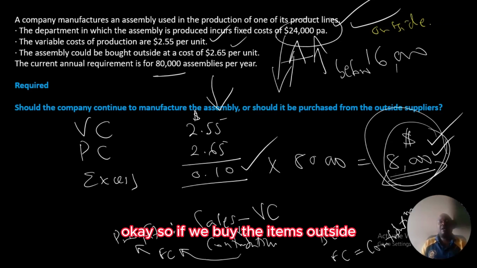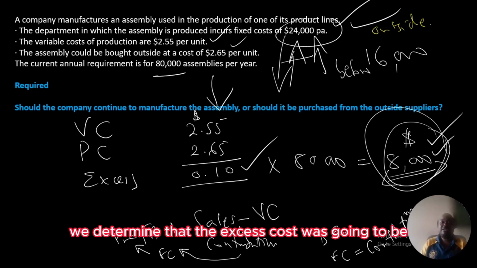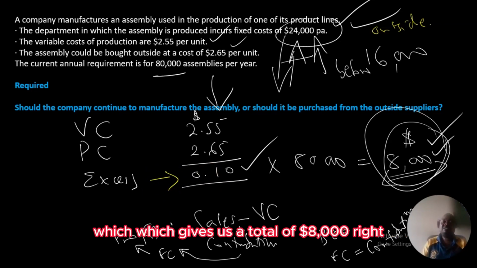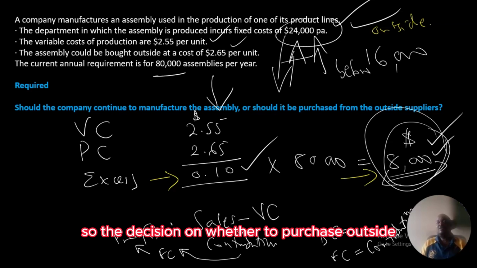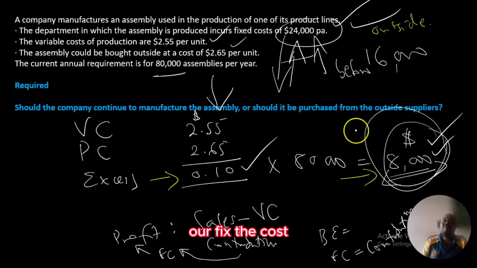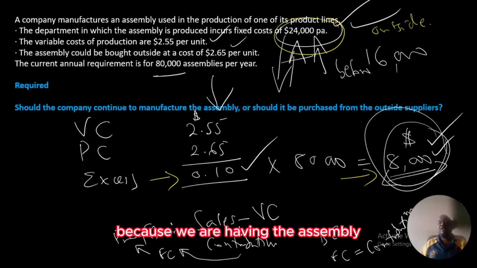Okay, so if we buy the items outside, we determine that the excess cost was going to be 10 cents per unit, okay, which gives us a total of $8,000. All right, so the decision on whether to purchase outside should only be viable if by the end of the day our fixed costs, which we already incur right now, are avoided. Currently we are incurring them because we are having the assembly item being manufactured in-house.